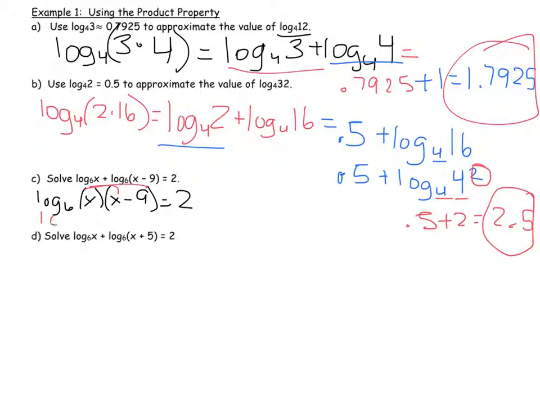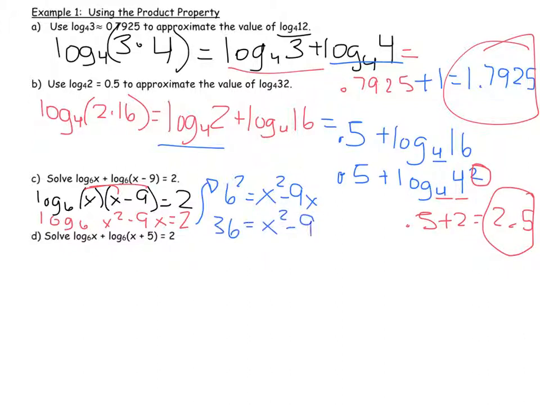And that's going to give me log 6 of x squared minus 9x equals 2. And then rewriting this as an exponential equation, we know that 6 squared is equal to x squared minus 9x. 6 squared is 36.